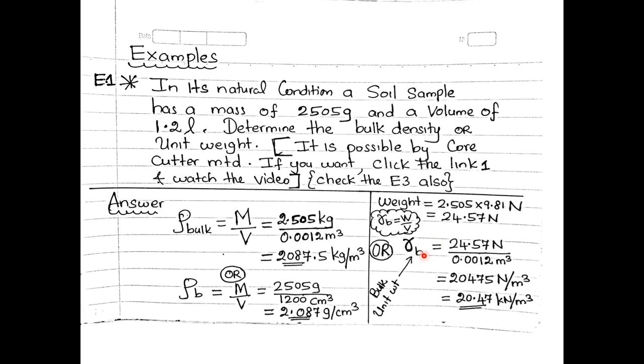And bulk unit weight gamma B is equal to 24.57 Newton over 0.0012 meter cube. Answer is 20,475 Newton per meter cube. Again divided by 1000, 20.47 kilonewton per meter cube.